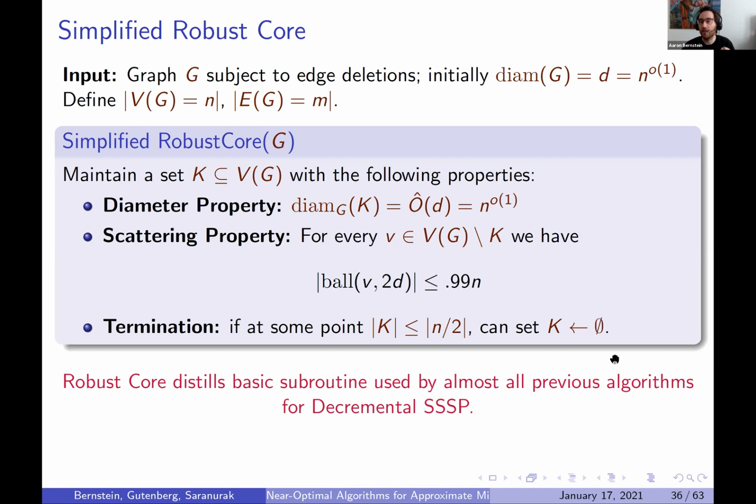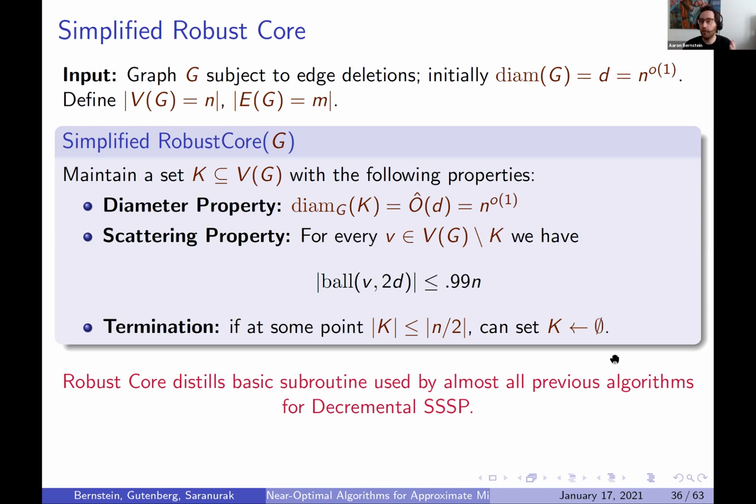They don't all define it this way. In fact, many of them have to solve a significantly stronger, harder problem that gives more information. So we tried to distill the most basic version of the problem that all these different algorithms have to solve, and that's what robust core is. And this building block, I think, was the main obstacle to progress on this problem.